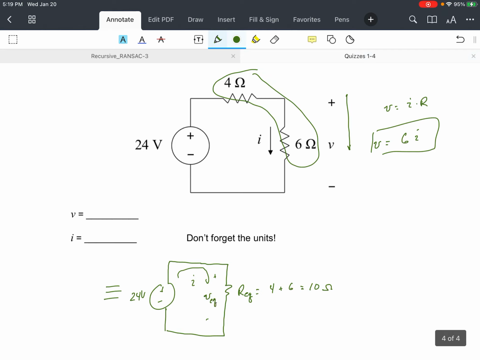So that V equivalent, the voltage here, has to be the same as the voltage here, which is 24 volts. So this is 24 volts.